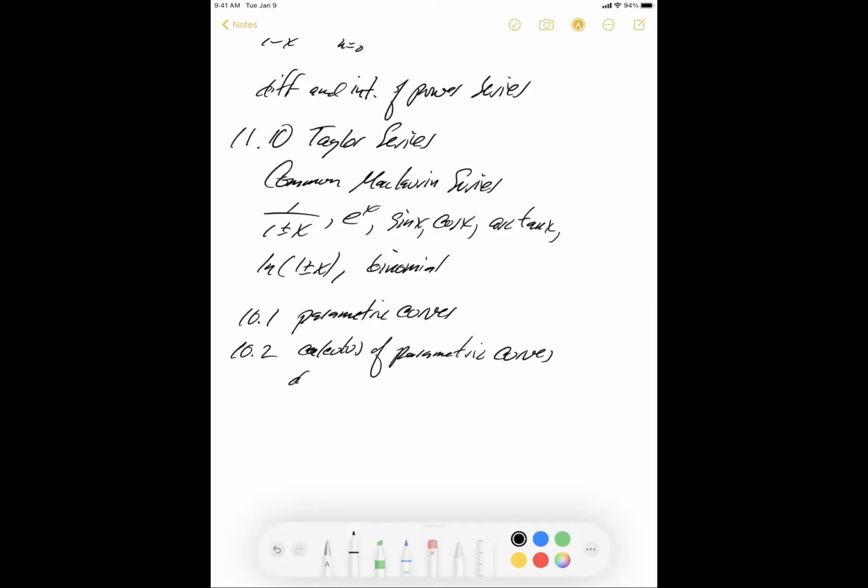So you should know how to compute derivatives, find area under a parametric curve. What else? Arc length, surface area.